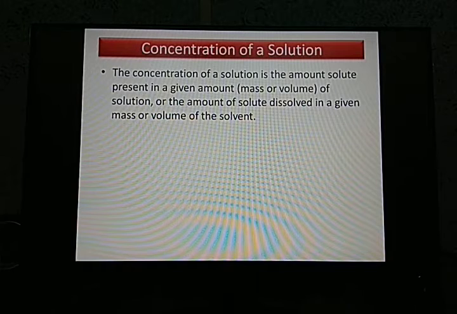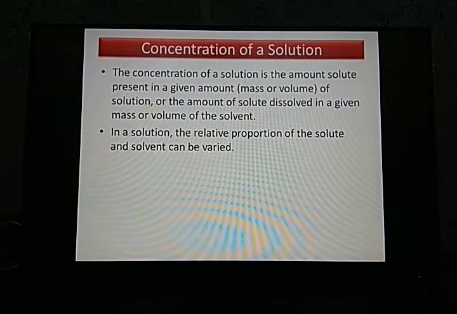And if it is less, then we can say that the concentration of the solution is less, which we also call dilute. So this amount of solute present in a solution gives us the information about how concentrated our solution is. Clear?